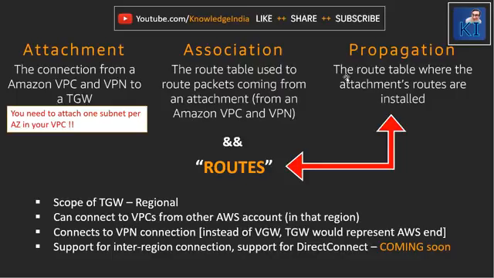And the next two concepts are propagation and routes. Of course, we are doing all of this to reach to routes, right? Because as you know, in our route table, the routes which are there, those are the guiding principle. Routes tell us what should be the next hop, where should the traffic go next, right? So this is what we want to reach.